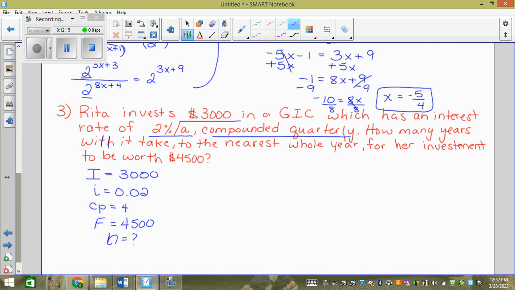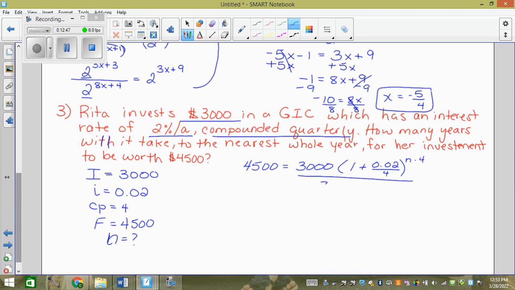So we fill it in, we get final, which is 4,500, equals initial, which is 3,000. That's a large increase. You're trying to get almost half of what you initially came in with, right? So that's a large increase. It's going to take a long time because 2% interest is not very much. 1 plus 0.02 divided by 4, and then n times 4.